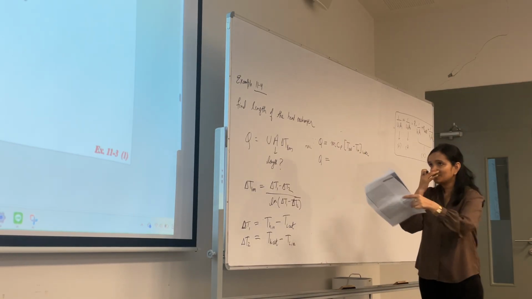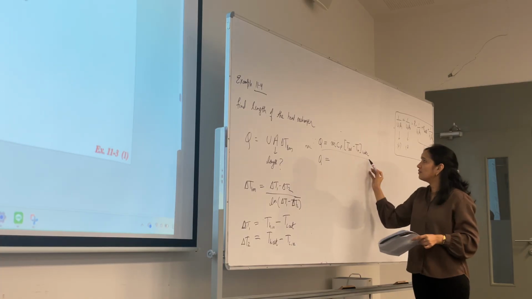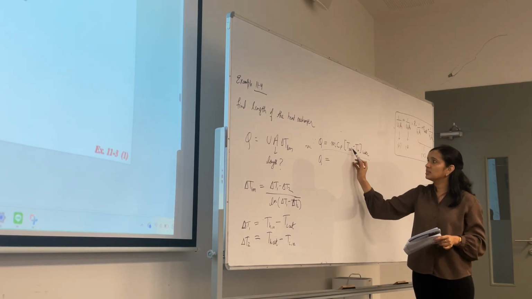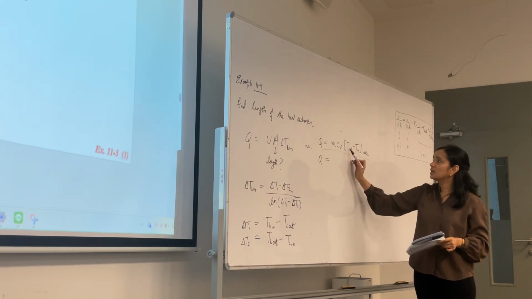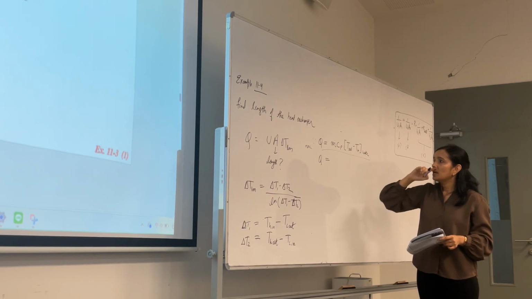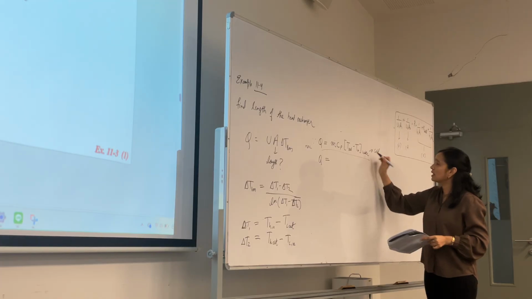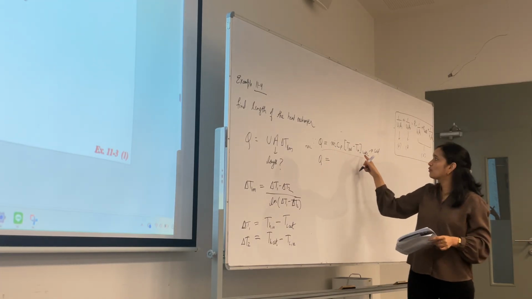We can calculate this if we have the value of Q, m, Cp, and T out minus T in. This is, let's say, for cold, not for hot. We don't have the Q value either, so we can calculate the Q value from the cold water.